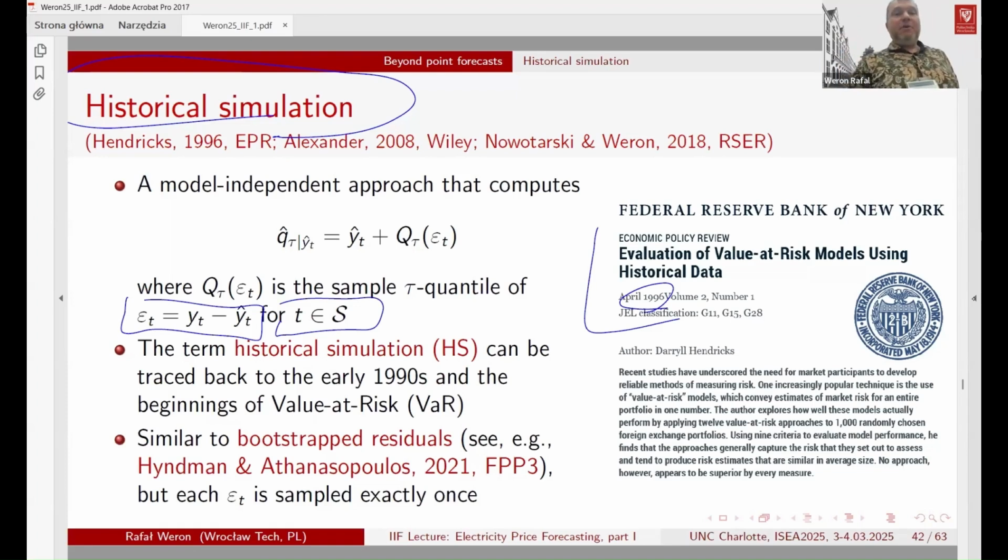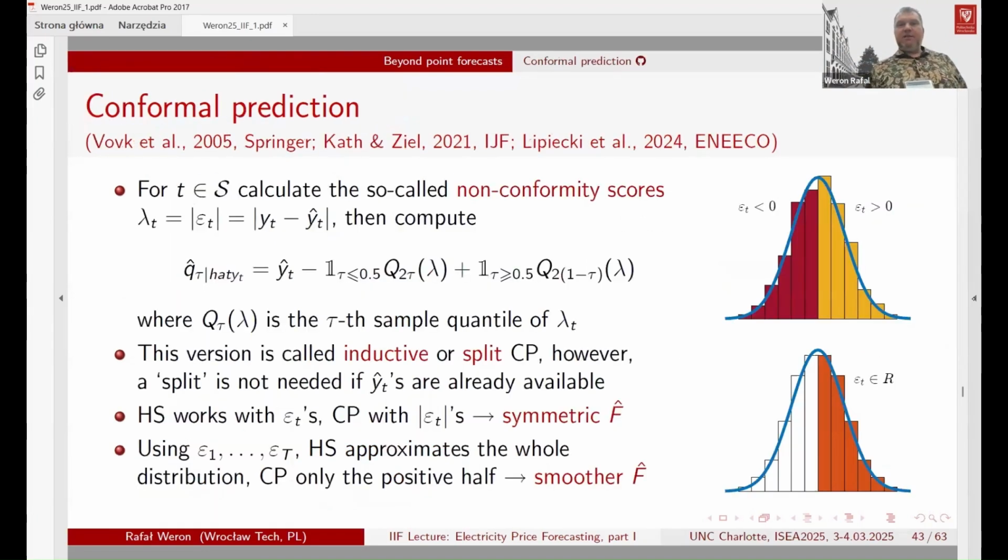And we take the empirical or sample quantiles of those errors. Essentially, you can think of it as taking a histogram. So you take your errors, epsilon t's, and you make a histogram of those. And this is your approximation of the predictive density, with your point forecast, p hat t, in the middle. That's the idea.